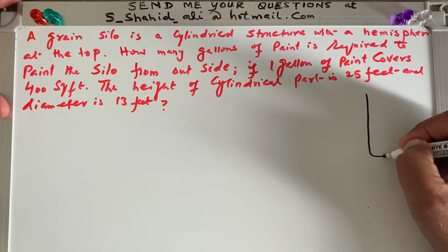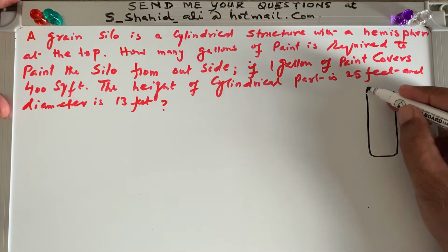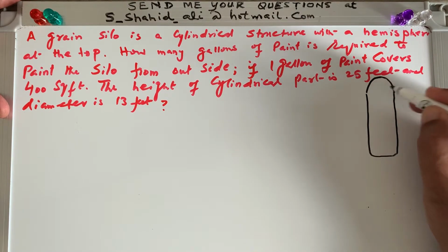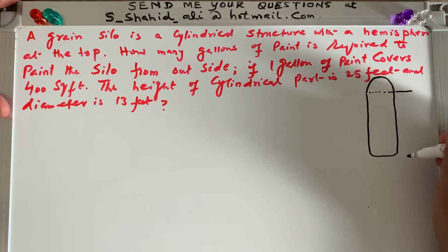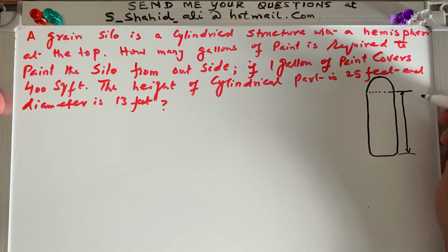One is the cylindrical part, which is this, and on top of the cylindrical part is the hemisphere, right? A hemisphere is a semicircle, by the way. So a hemisphere means half of the solid sphere, right?